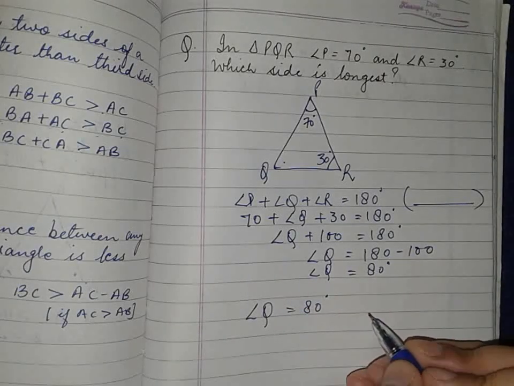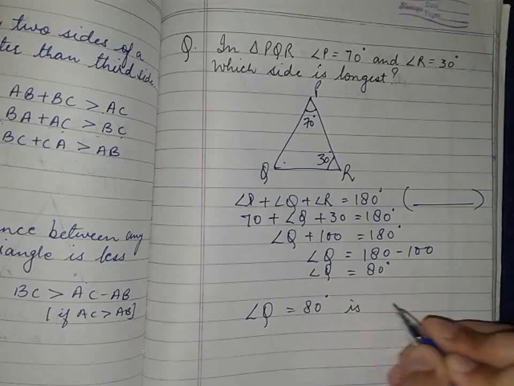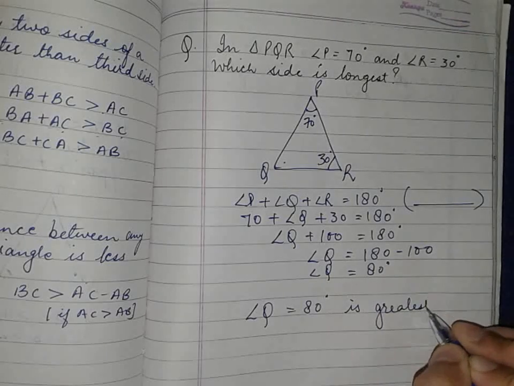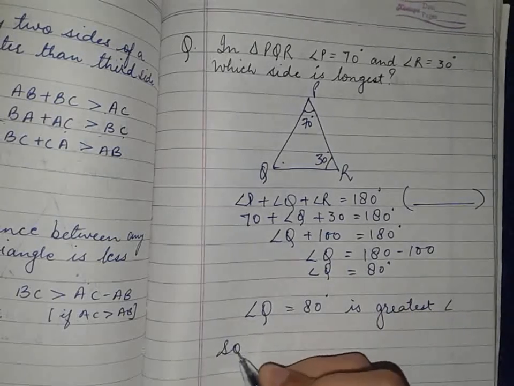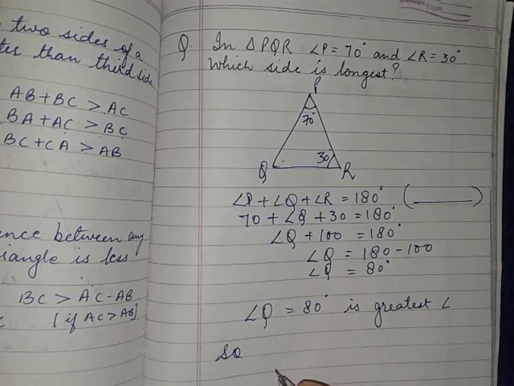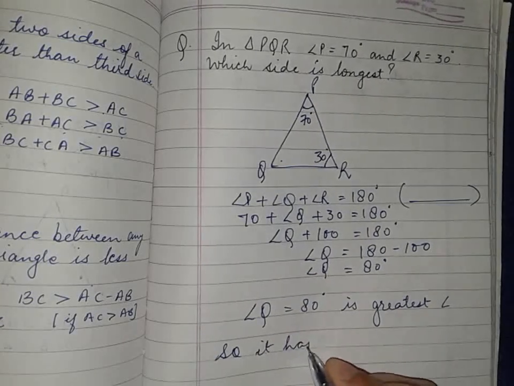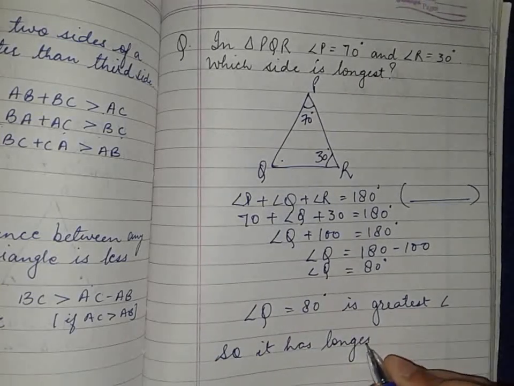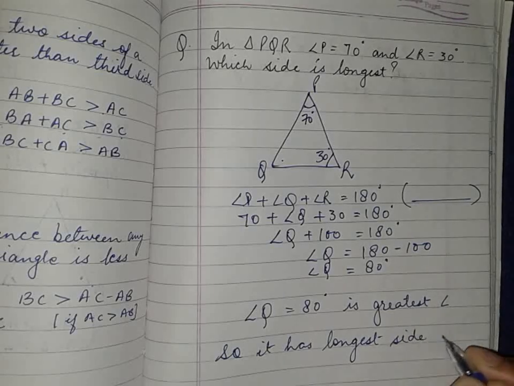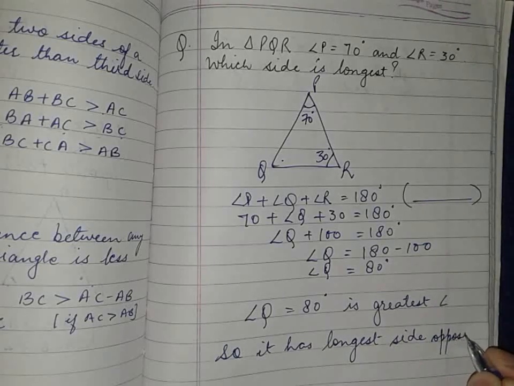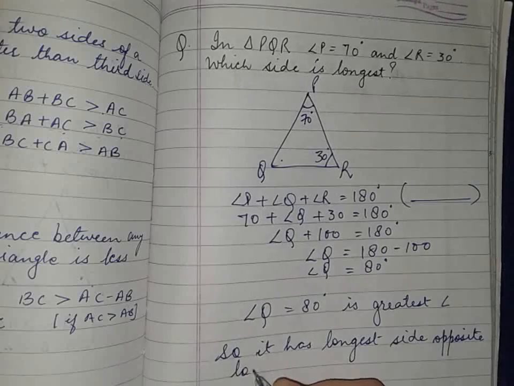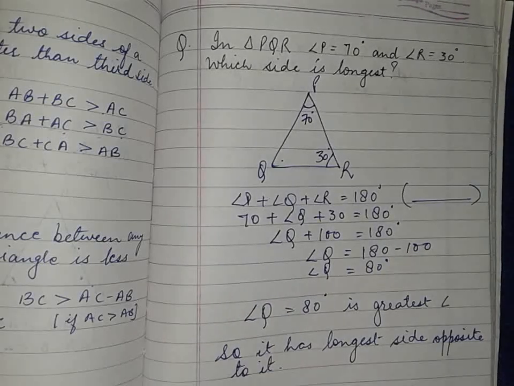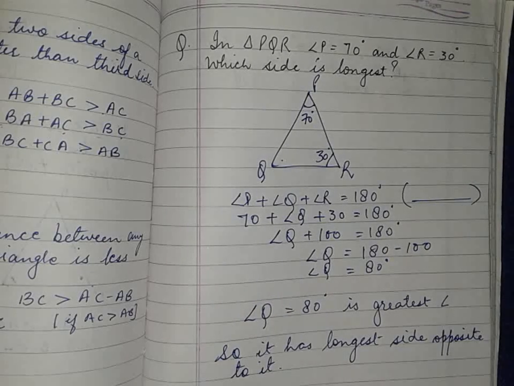Angle Q is equal to 80 degree, the greatest angle. So it has the longest side opposite to it. Always the side opposite to the greatest angle is longest.